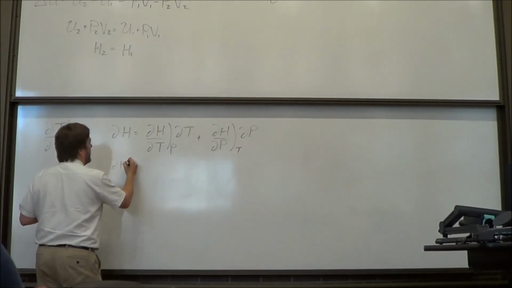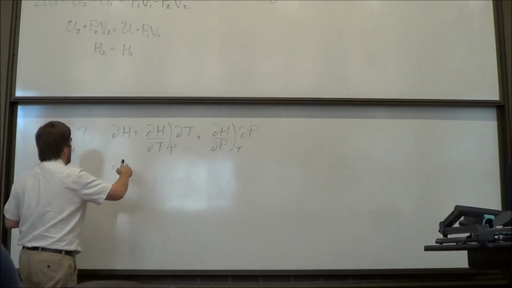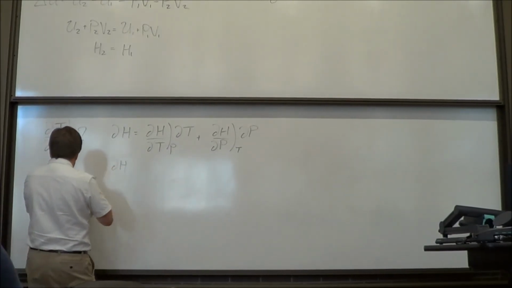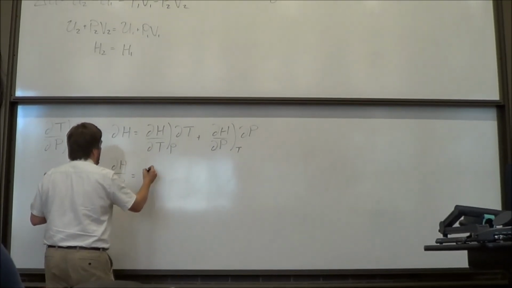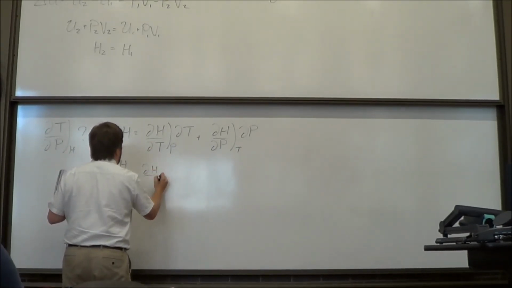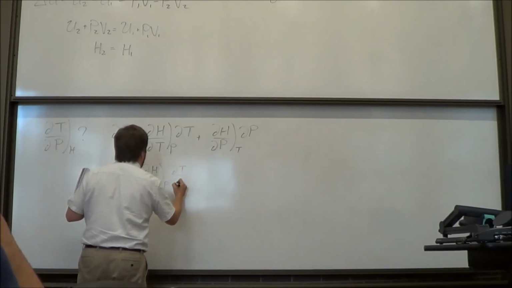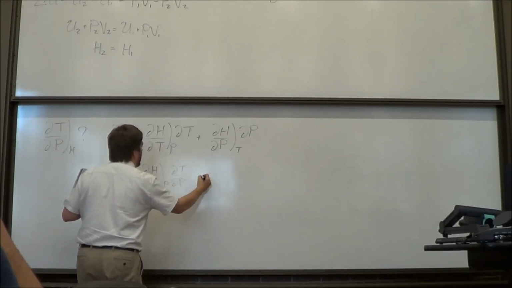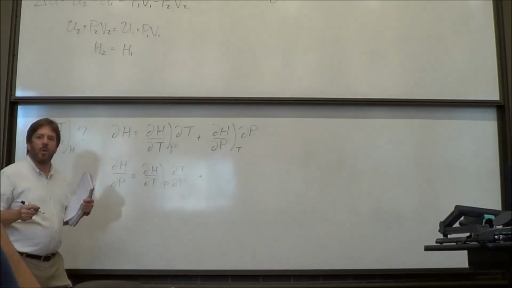Now of course, I see a dT, so I'm going to divide by dP. So dH/dP at constant P is dT/dP. Then I've got, recognize this, the dH/dT at constant P is what?